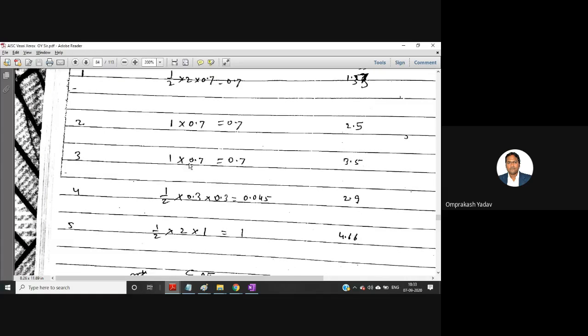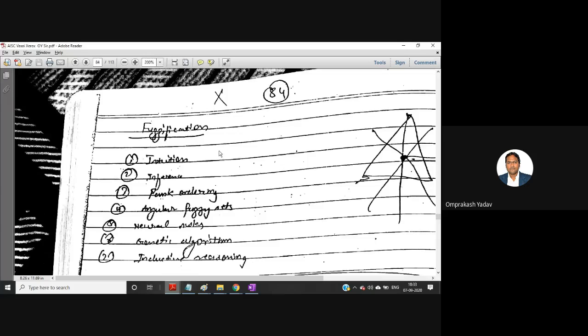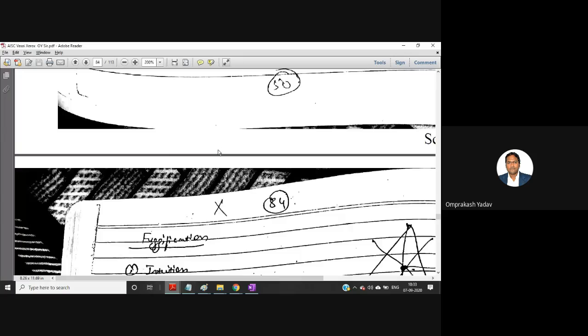Why is it 1 into 0.7? Okay, so there is a confusion. I think this will be okay. Okay, I understood. I think this upper one area, I forgot to mark.